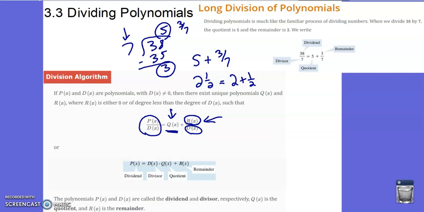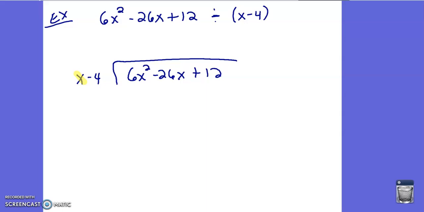Well, 5 times 7 goes into 38. So that's what we're doing: finding some number that we multiply by x, the first term, to give us 6x squared. So this is going to be 6x, because 6x times x is 6x squared.